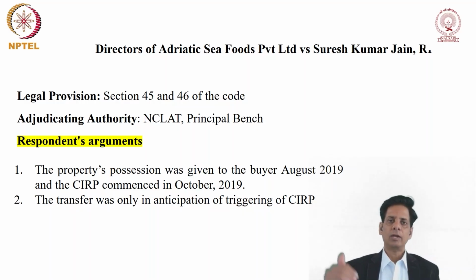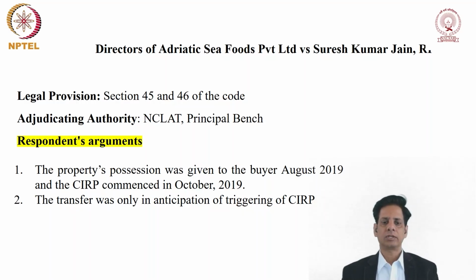And the value of the property, according to Yes Bank itself, is about 17.86 crores, whereas the actual consideration received is only 63 lakhs, and hence the RP feels that this transfer was in anticipation of a CIRP and hence should be avoided as an undervalued transaction.